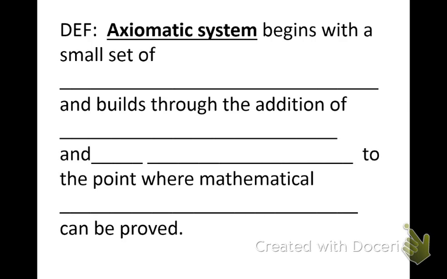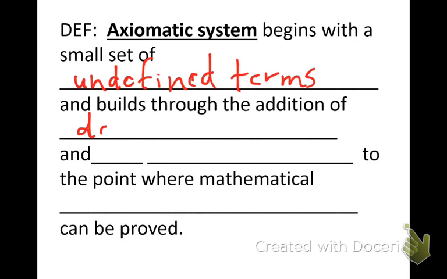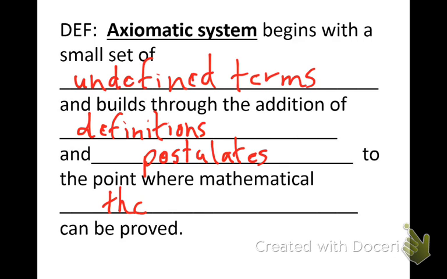First definition, axiomatic system. An axiomatic system begins with a small set of undefined terms and builds through the addition of definitions and postulates to the point where mathematical theorems can be proved.